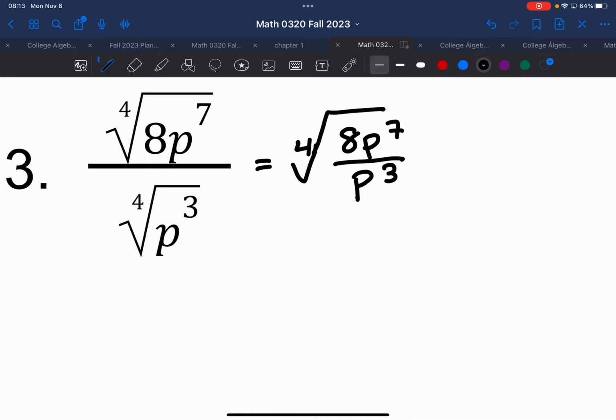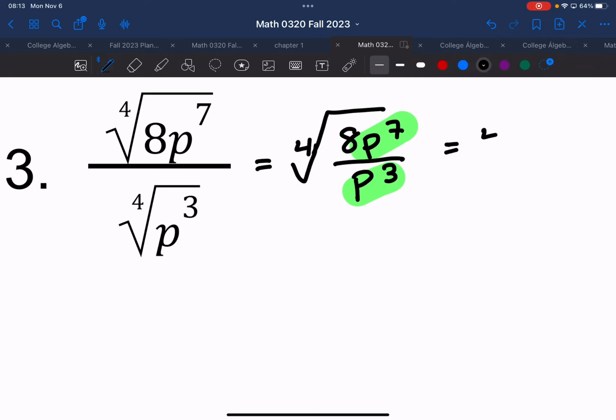The reason I'm doing this is because I can use the properties of exponents and simplify p to the 7th divided by p to the 3rd. What would that simplify to? P to the 4th. Because remember, if we are dividing exponents, that's the same as subtracting them. So 7 minus 3 is 4.